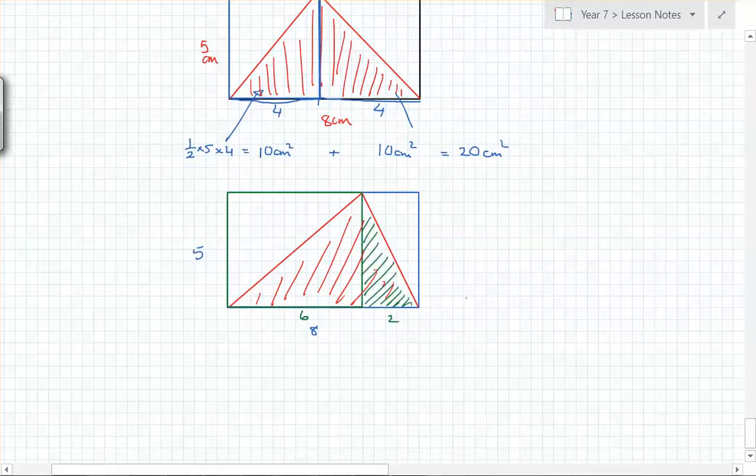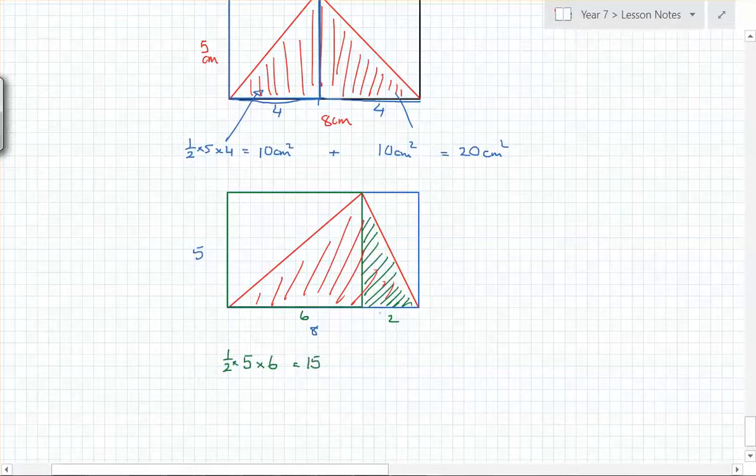Do you think it is still going to be the 20? No. So what's the area of this one? 5 times 6 is 30, divided by 2, so 15 centimeters.